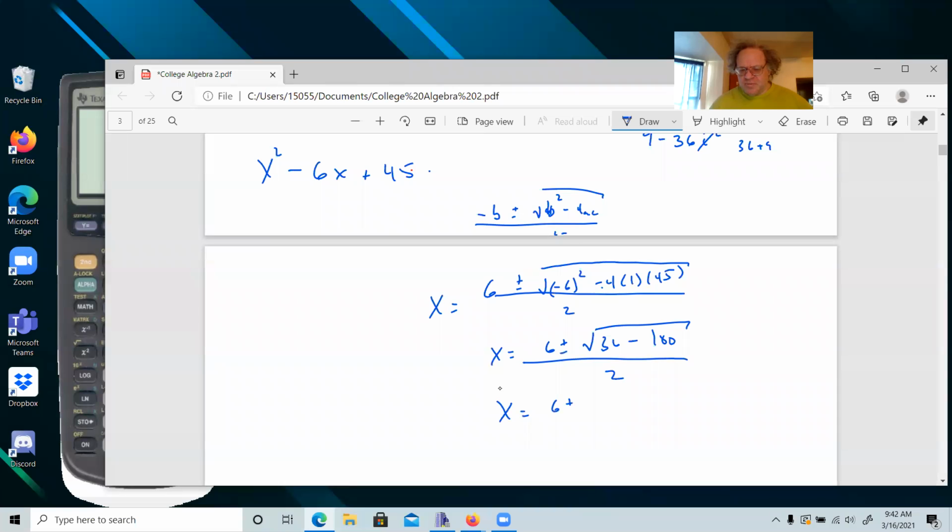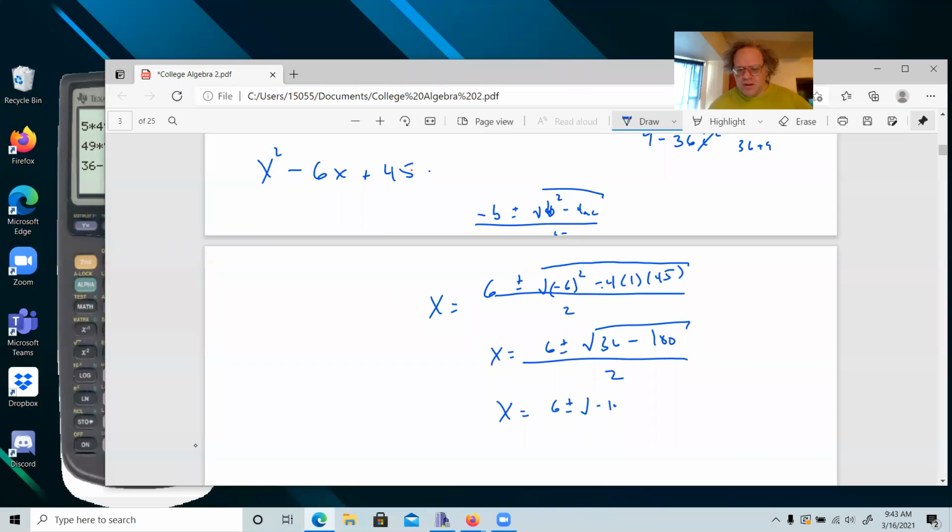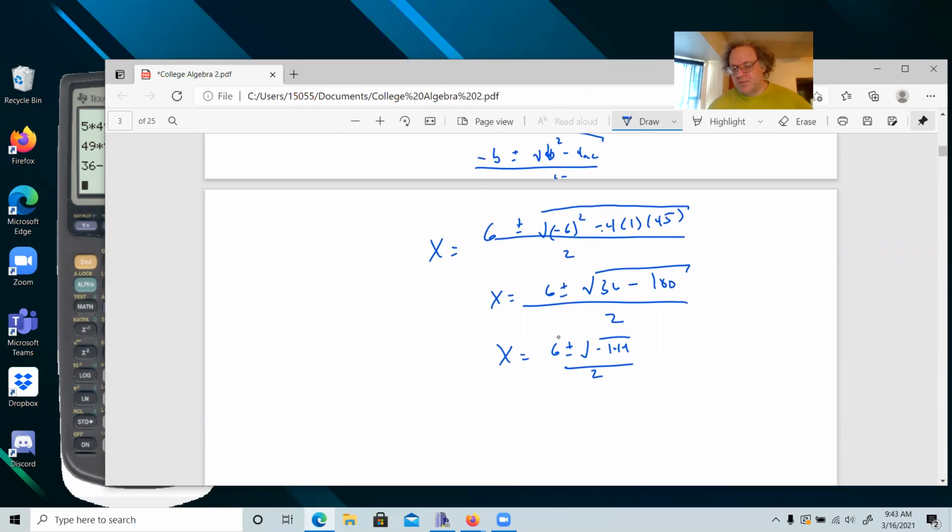x is equal to 6 plus or minus, what is 36 minus 180? Oh, look at that, negative 144. And I know the square root of 144, that's 12. So this is 6 plus or minus 12i all over 2.